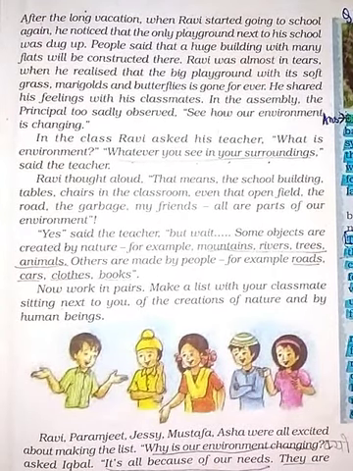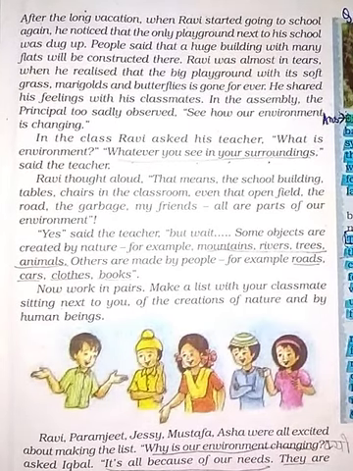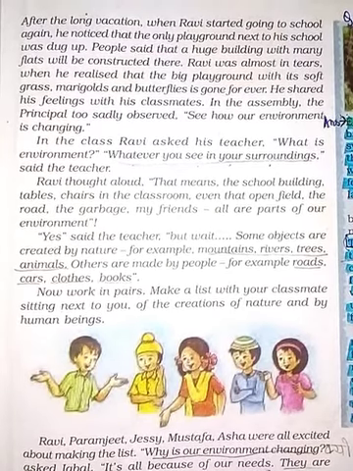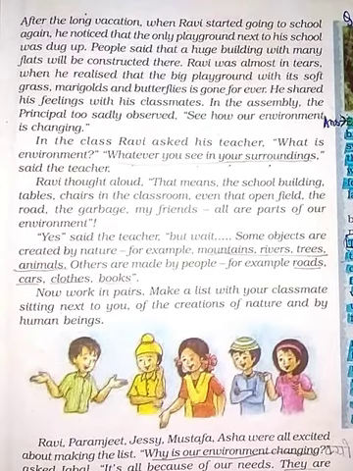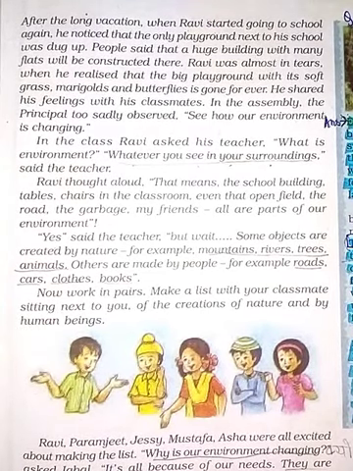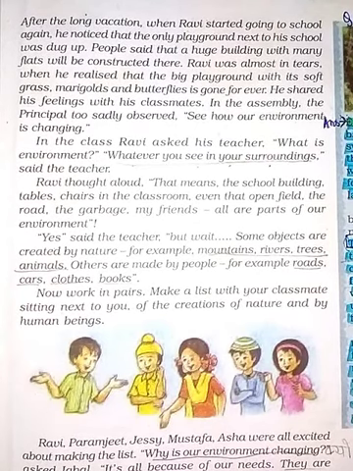In the assembly, the principal too sadly observed, "See how our environment is changing." In the class, Ravi asked her teacher, "What is environment?" "Whatever you see in your surroundings," said the teacher.